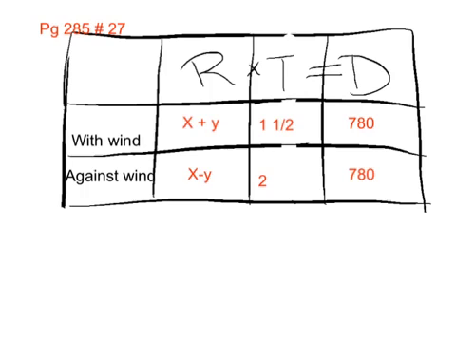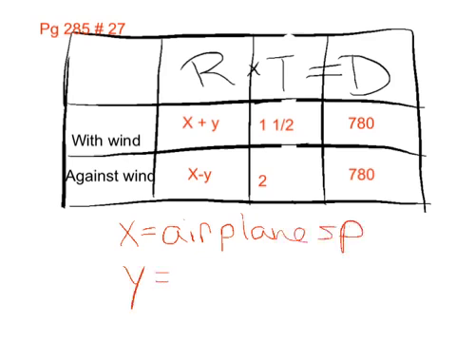Now, if you think about how we set up these problems, I should have probably labeled what my x and y is, like I did on the first page. X is the airplane speed, and y is my wind speed.